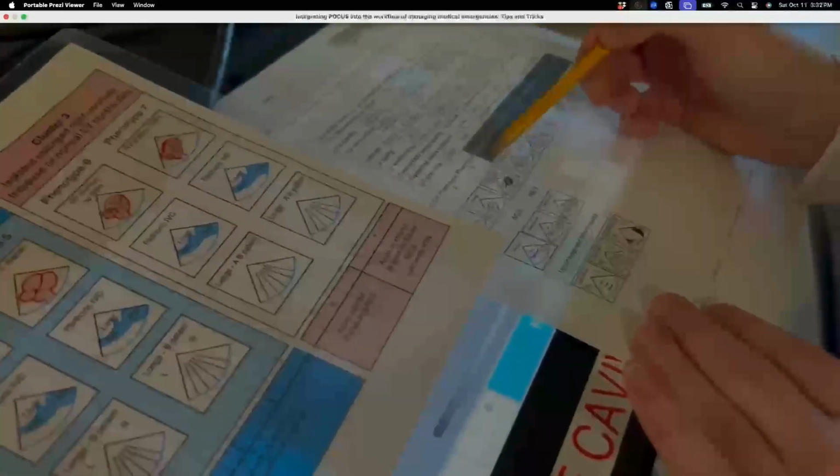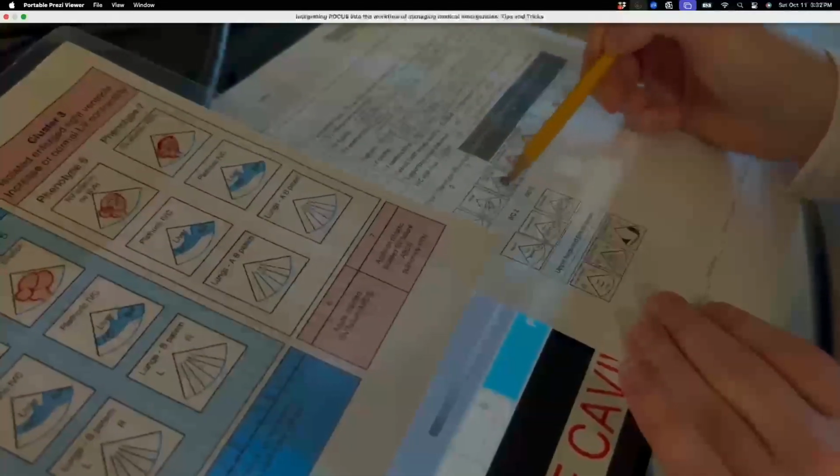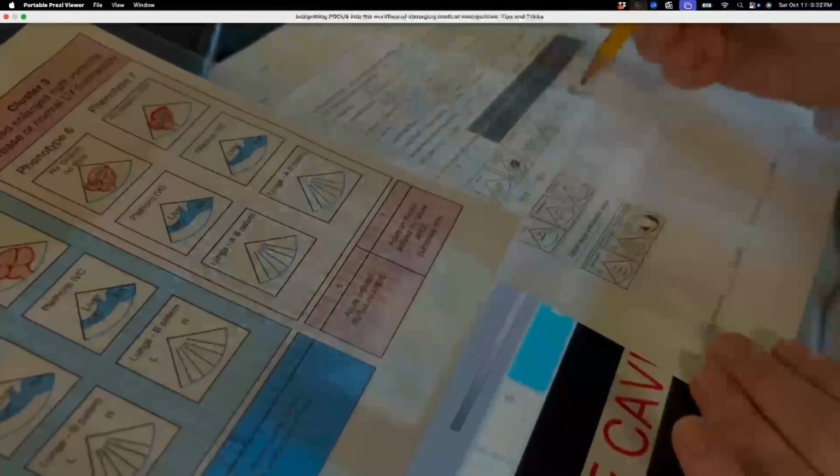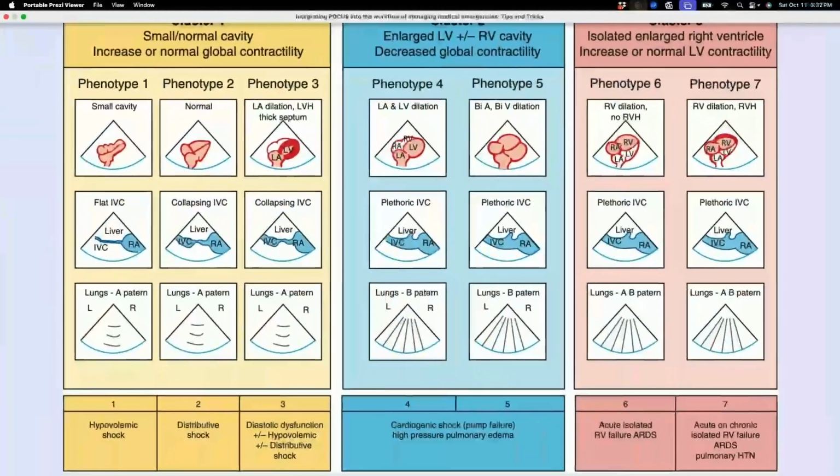So this would probably be closer to a phenotype 3, the left ventricular hypertrophy. We also had the plethoric IVC. Discussion about image quality and interpretation happens outside the patient's room, not during. This forced the residents to save the images, because if they don't save the image, there's no interpretation.